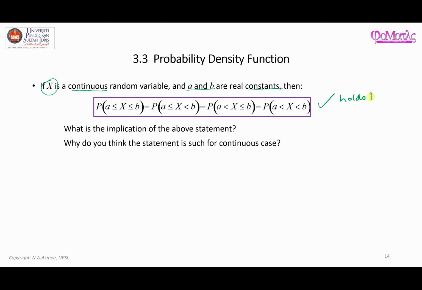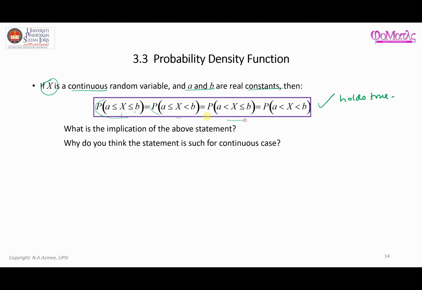You can see that the result for finding the probability of x between a and b, to be more precise, x greater than or equal to a and x less than or equal to b, is the same result as finding the probability of x greater than or equal to a and less than b.